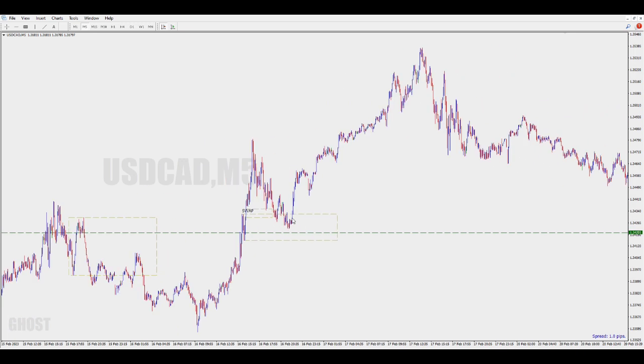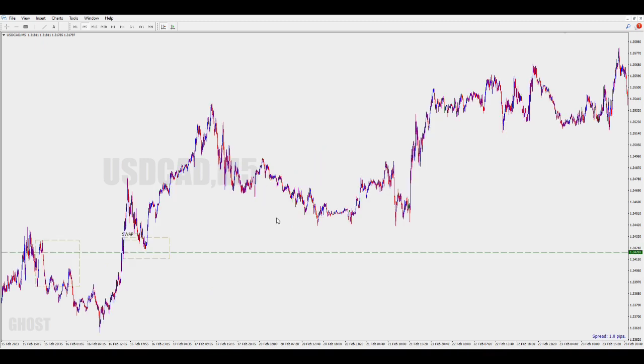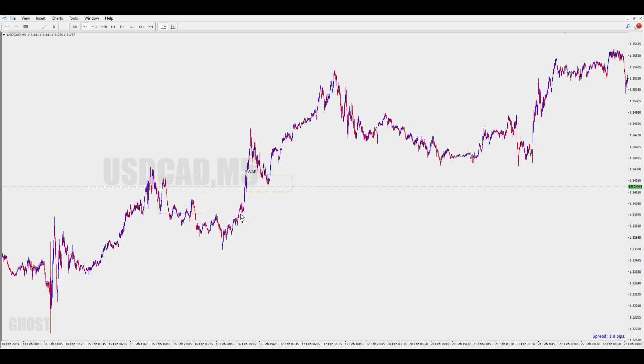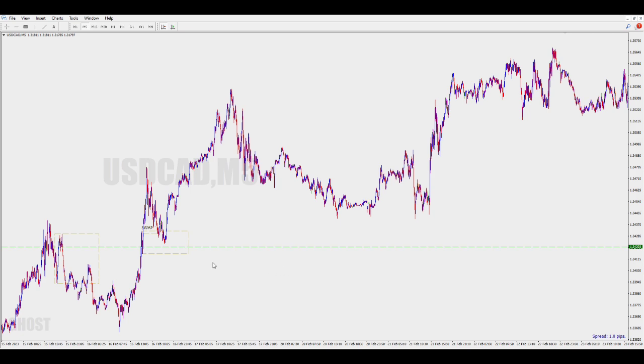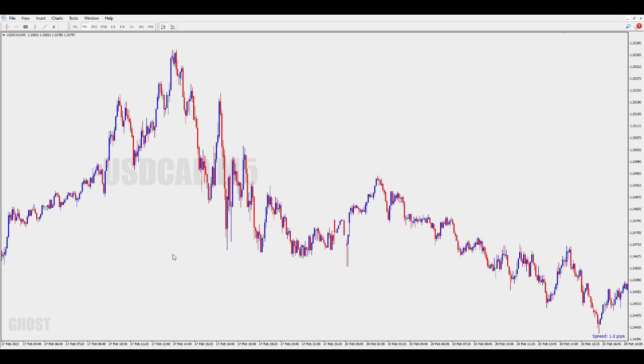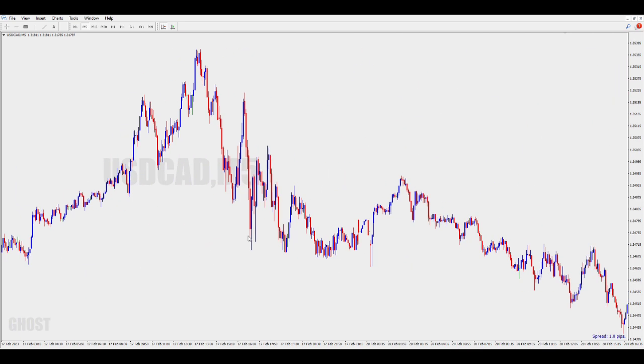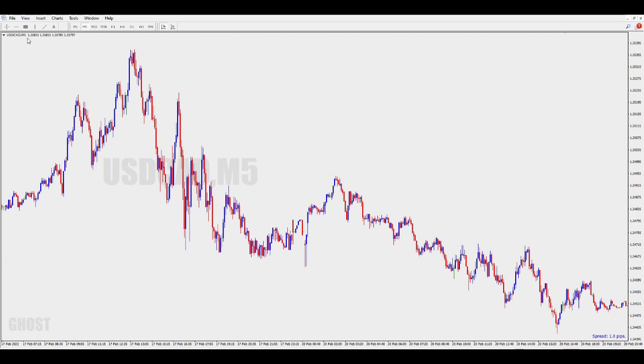In this area it worked, but you need to have a better understanding of the higher time frames and stuff like that, which most of you will struggle with in the beginning, so it's better to look into a strategy that's easy and simple. So let's look into another example.